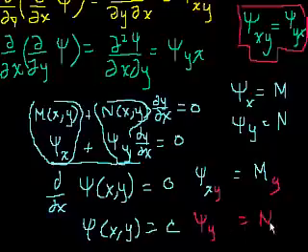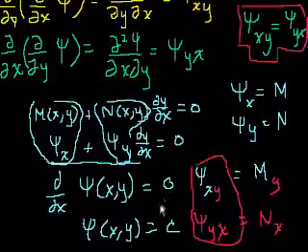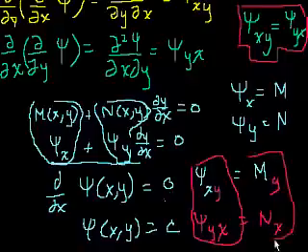If we take the partial with respect to x of both of these, we know these should be equal if xi and its partials are continuous over that domain. So that is actually the test to see if this is an exact equation.